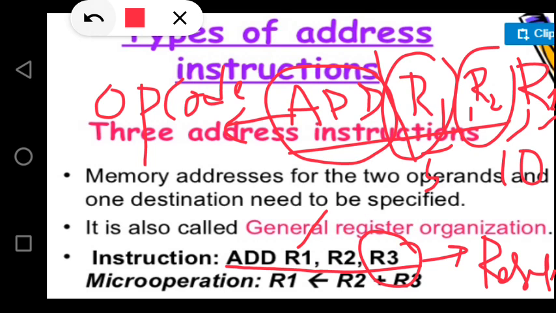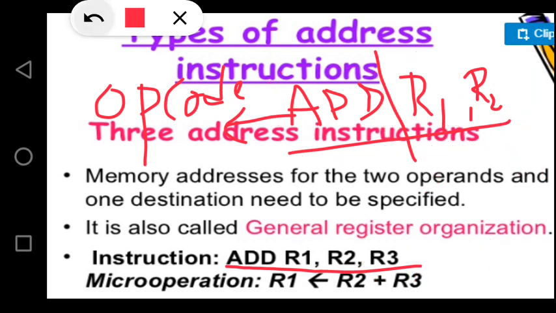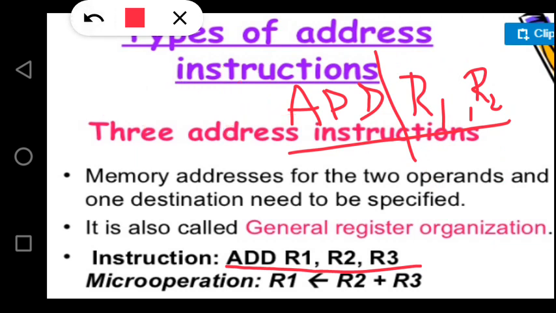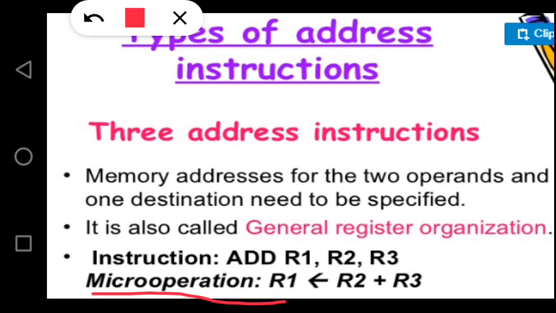So this is about the three address register. It is also called general purpose register organization. It is important to know. Now this is the micro operation. Micro operation means what operation you actually need to perform; there are different categories, don't worry.